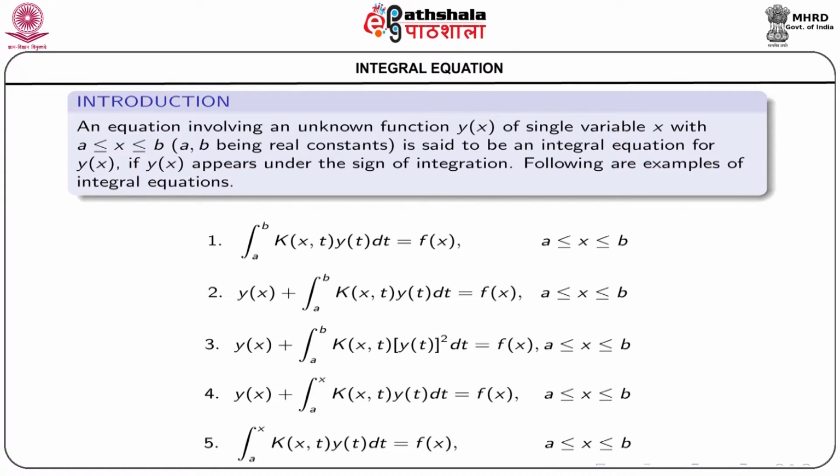We come to example 4 and 5. In example 4 and 5, the upper limit of integration is x, the variable. So, example 4 is an integral equation of second kind of Volterra type, and in example 5, the integral equation is first kind integral equation of Volterra type.